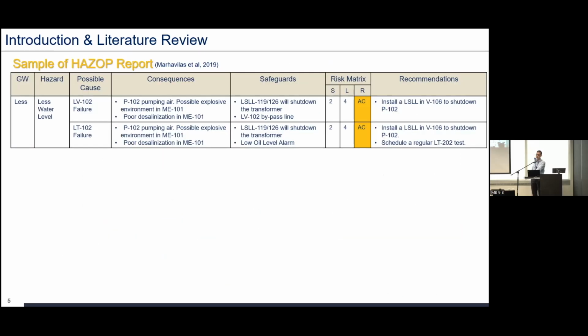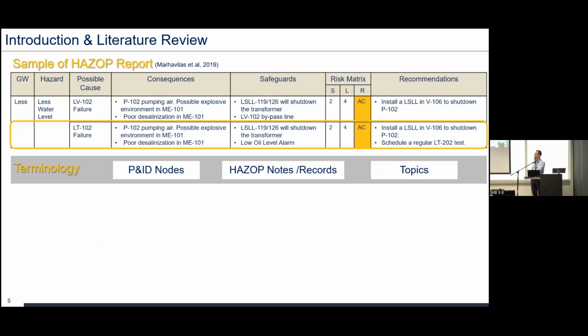As you can see, these reports include different elements like guide words, hazard, causes, consequences, safeguards, and recommendations. Each row in this report is referred to as a HAZOP note or HAZOP record. To clarify, we have main terminologies in this study. We have P&IDs, which are the design drawings.